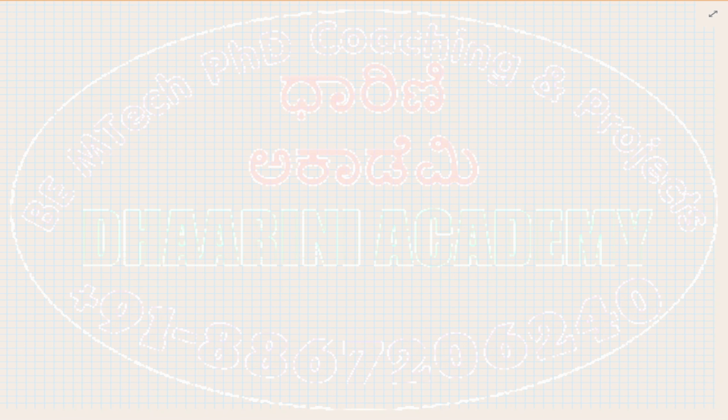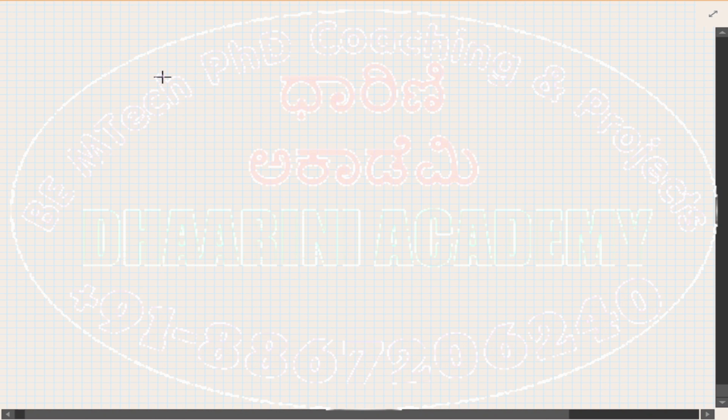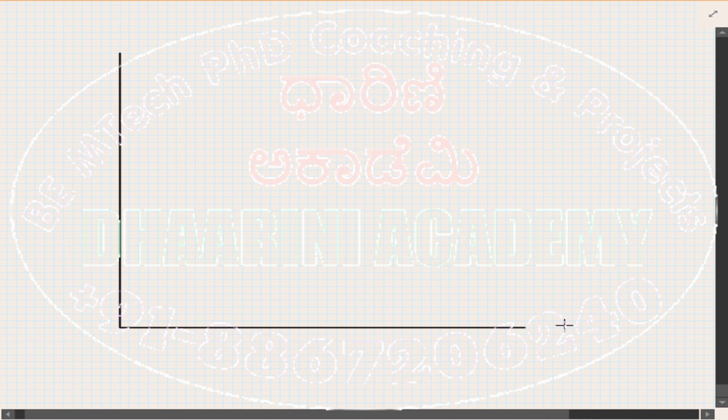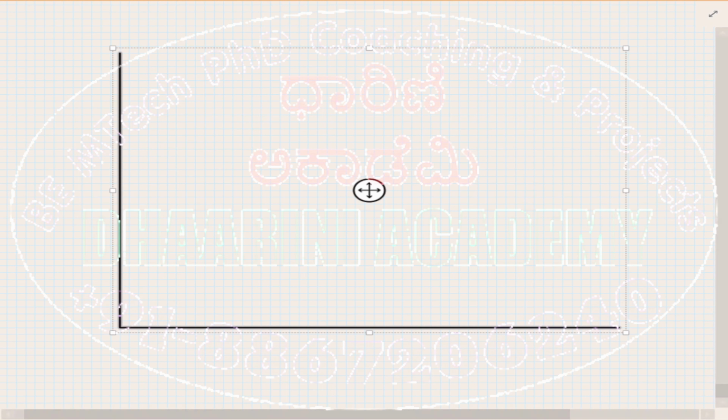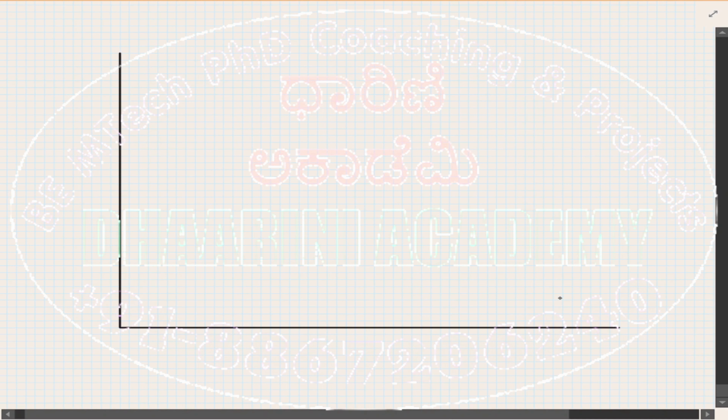First, let's look at the difference between the two formats which we just discussed. First, the Cartesian format. There is an x-axis and a y-axis. Let us consider that there is a point, and this point is z is equal to x plus i times y.